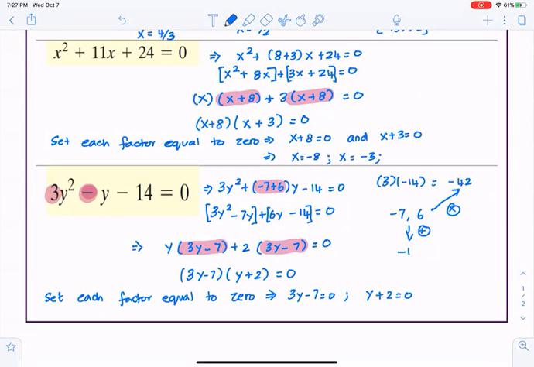So if I move the 7 to the other side, 3y would equal 7. Divide by 3 on both sides. We have y equals 7 over 3. That is the first solution. Move 2 to the other side, we end up getting negative 2. So that would be the second solution.